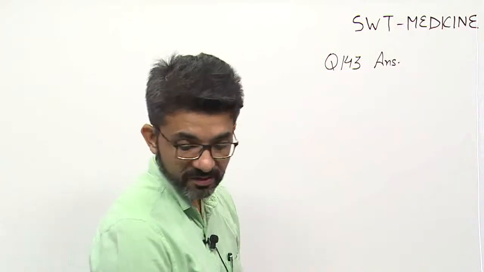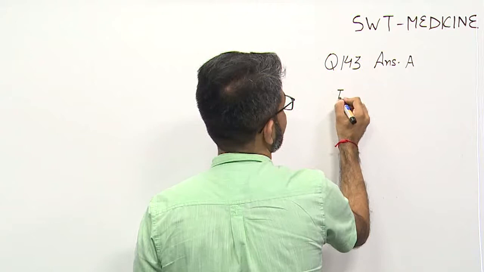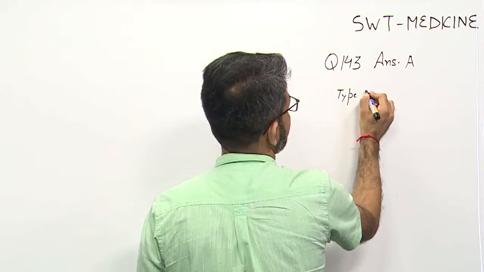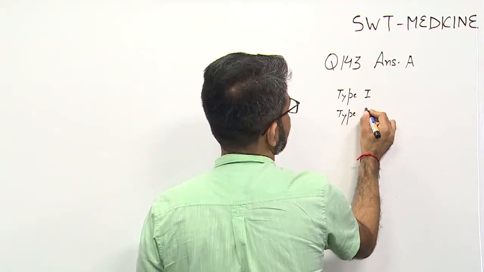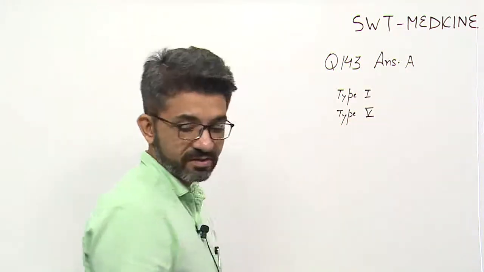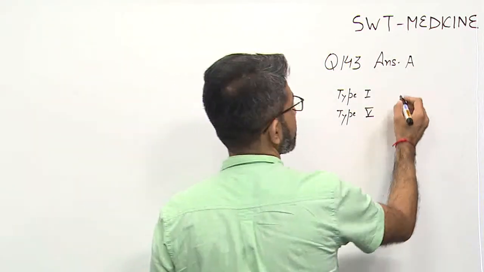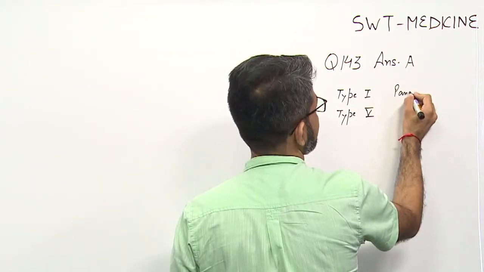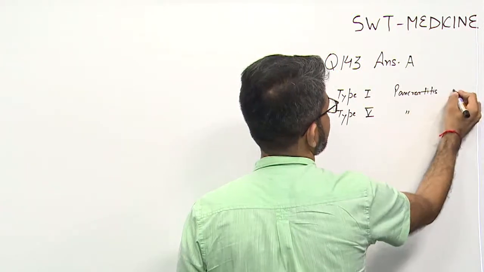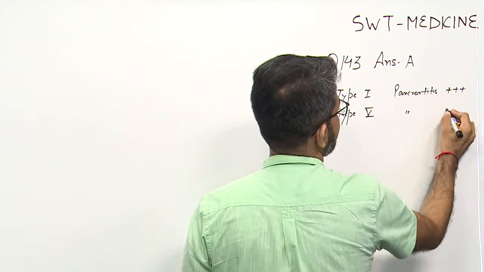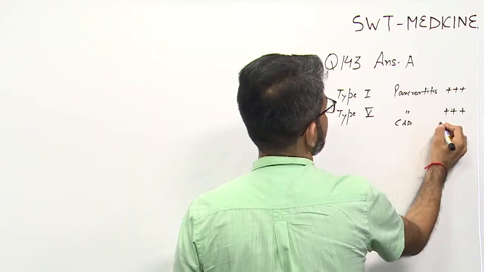So answer is A. Remember, type 1 and type 5 familial hyperlipoproteinemia or hypercholesterolemia, pancreatitis risk is maximum, and CAD risk is minimum.